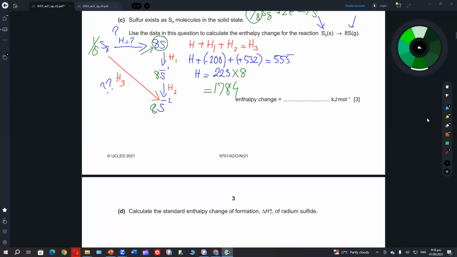Okay, I've copied. Good. Calculate the standard enthalpy change of formation.